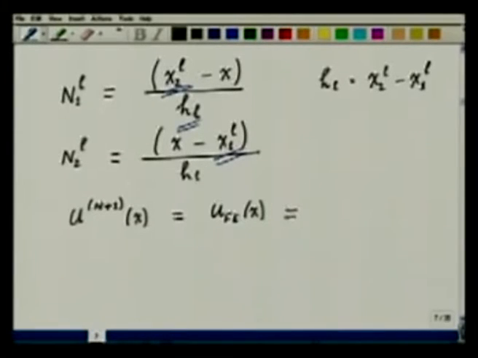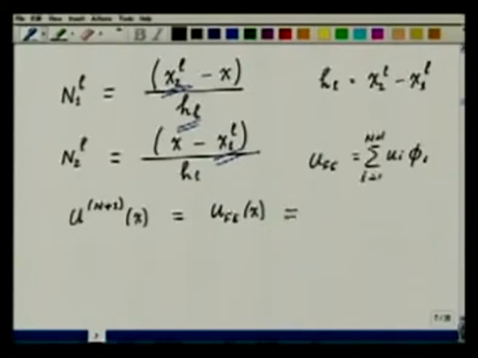Again the question is, which of the phi i's, if you remember that u_FE is equal to sigma i is equal to 1 to n plus 1 ui phi i. So the question is, which of the phi i's will be non-zero in this element? The answer is, it is going to be phi L and phi L plus 1.